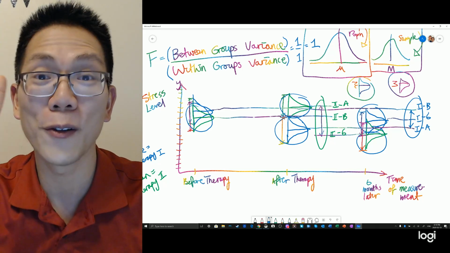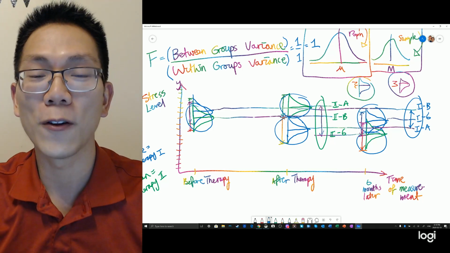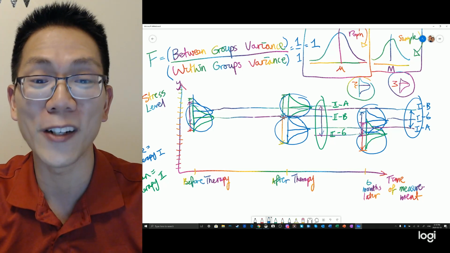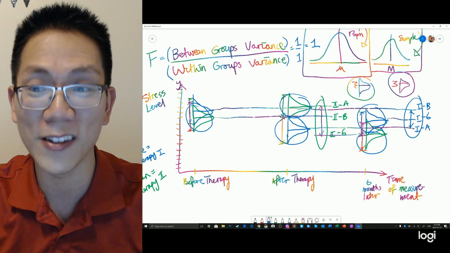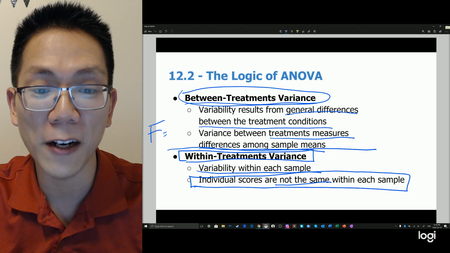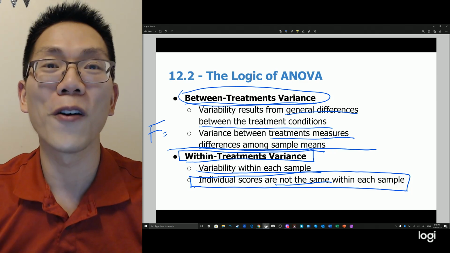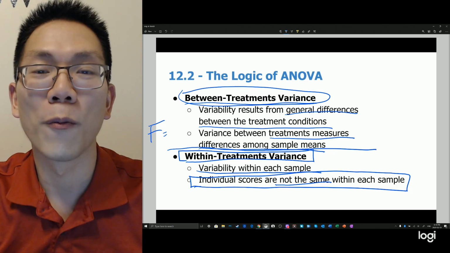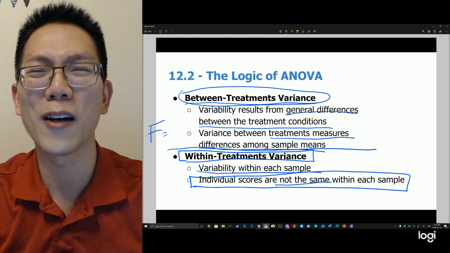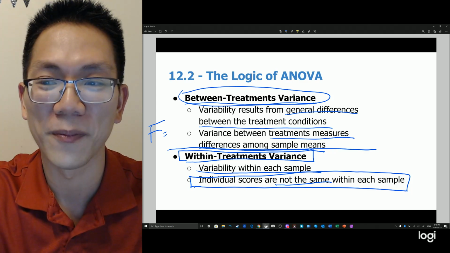It could be 2, it could be 3, it could be even 10 or even 100. And if you take a moment to look at your table of F ratios, you could see some of those ratios can get pretty high, even in the thousands or tens of thousands. Again, the larger the F ratio, the greater the between treatment variance, and the more reasons we have, based on statistical evidence, that we can say there's probably a difference between the groups, or at least a relationship between them. Okay.